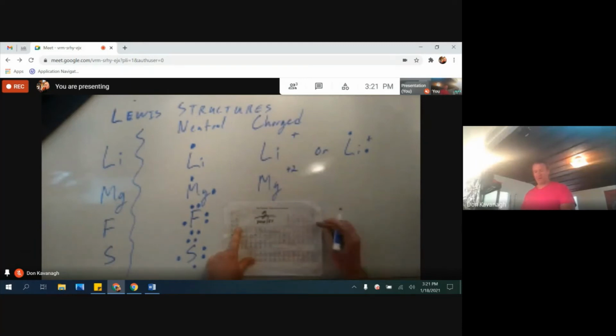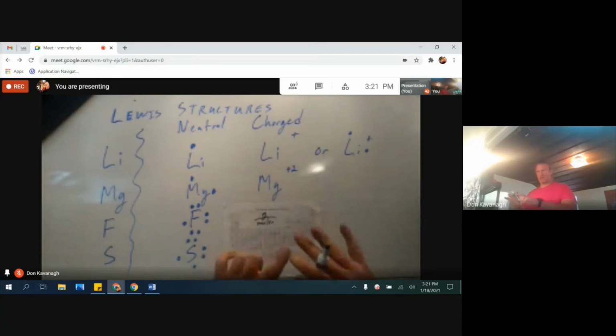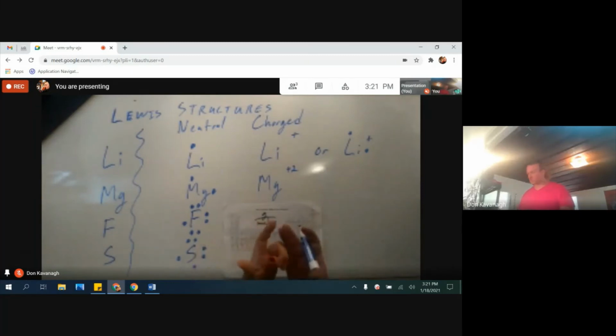Now, when magnesium loses those 2 outer electrons, the next layer inside has been exposed.